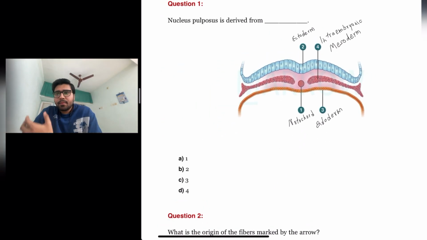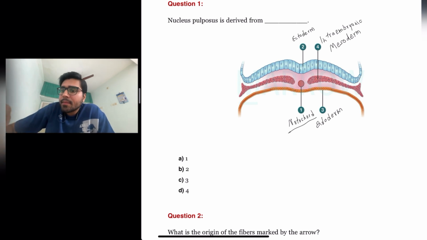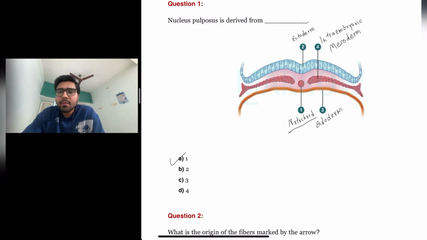So the actual derivative of nucleus pulposus, from the embryology part of your study in the first year of MBBS, the answer is notochord. So the nucleus pulposus is derived from notochord.